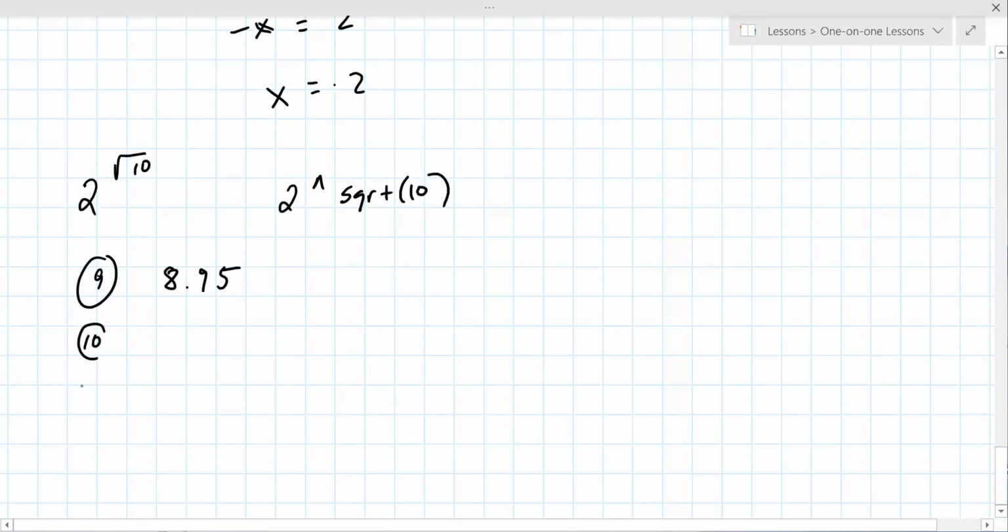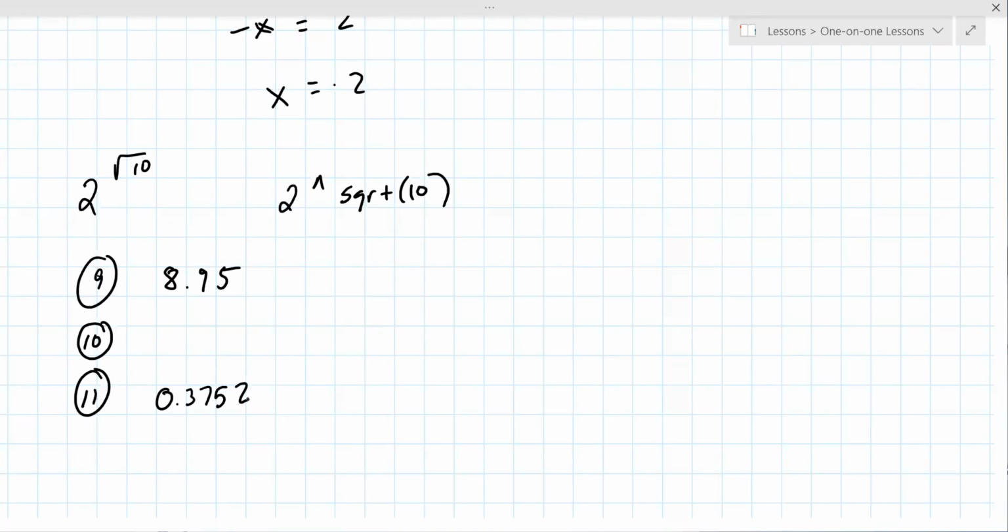Number 11. I don't think she wants us doing too many of these. Let's see. I'll put 1/2 in parentheses and then to the square root of 2. And I have 0.3752. Okay.